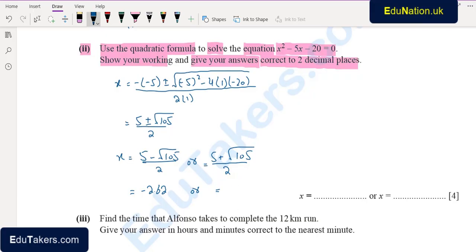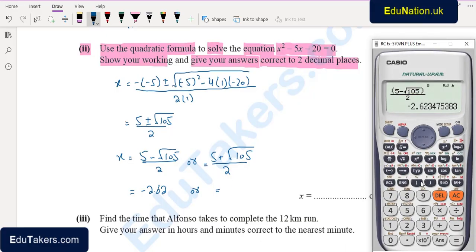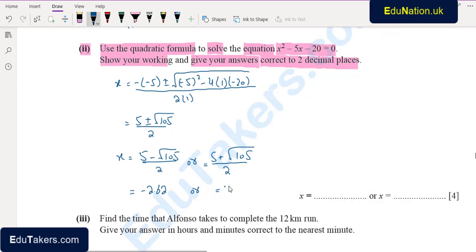And from this, 5 plus square root of 105 divided by 2 is 7.62, correcting to 2 decimal places. So the answers are minus 2.62 and 7.62.